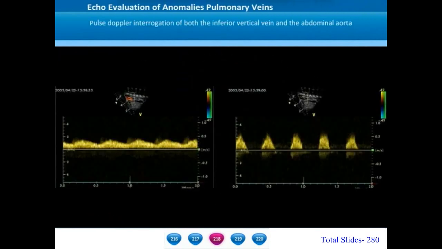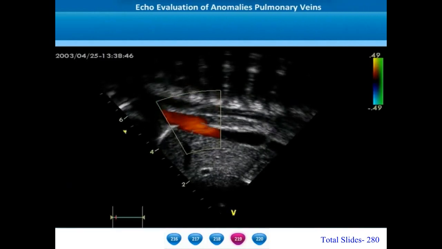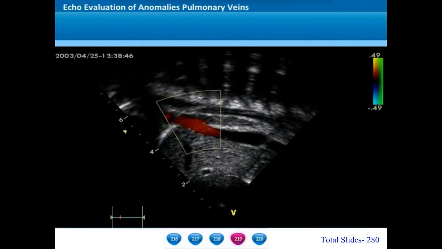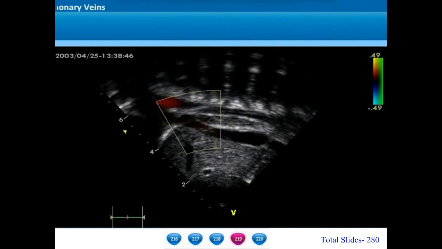If we do a pulse Doppler interrogation of these two blood vessels, the aorta will show a phasic systolic signal, whereas the pulmonary veins will show a low velocity continuous signal. The vertical vein in an infracardiac TAPVC often penetrates the diaphragm through the esophageal hiatus.